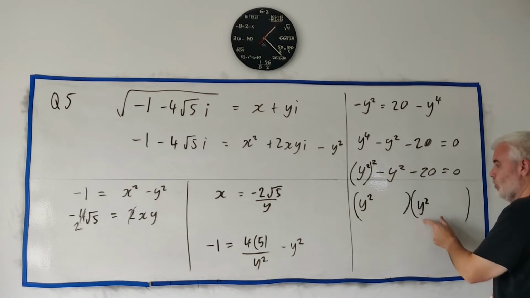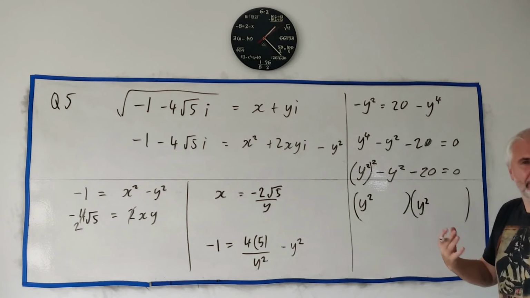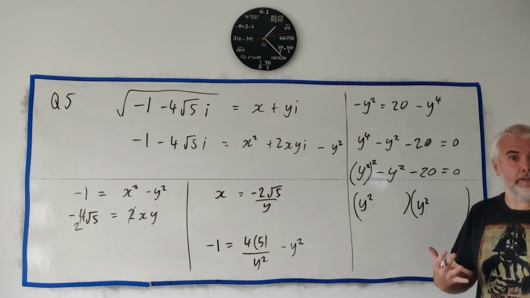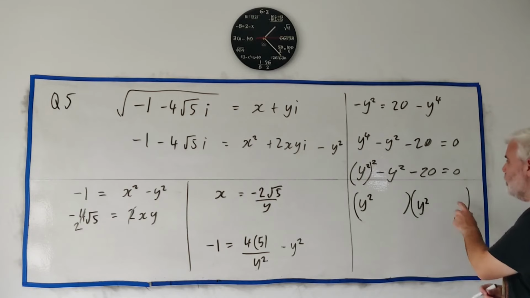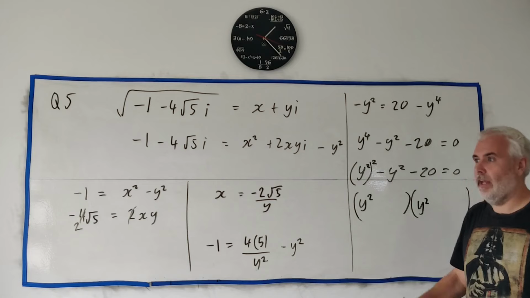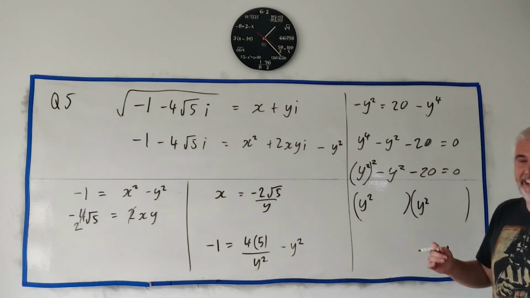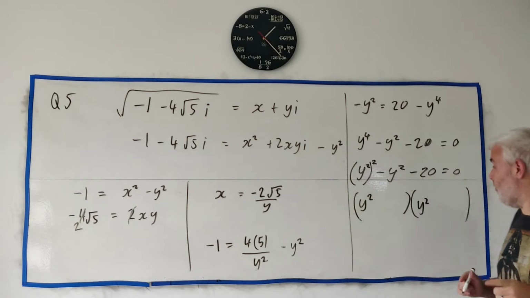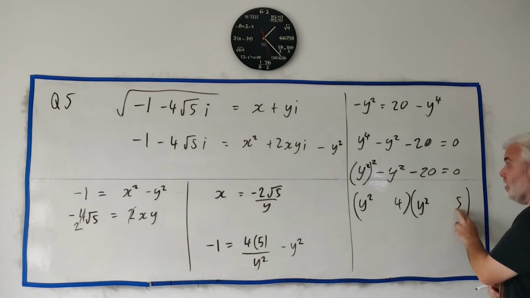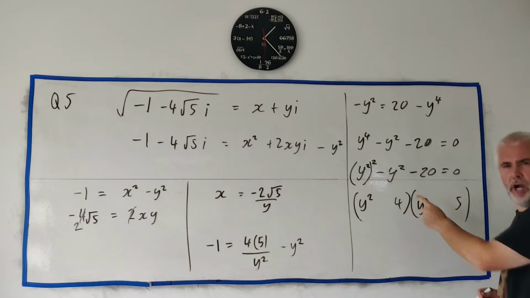y squared by y squared. How do we get 20? 20 times 1, 2 times 10, 5 times 4. There are options. Which of those options will get a 1? 2 and 20? No. 2 and 10? No. 1 and 20? No. 5 and 4? That will work. They can get to 1 by 5 minus 4. Or in this case it's minus 1.